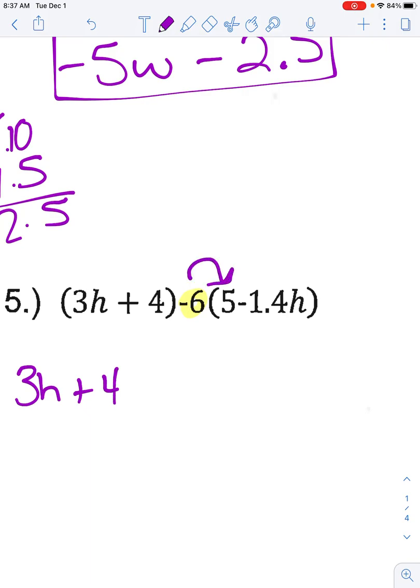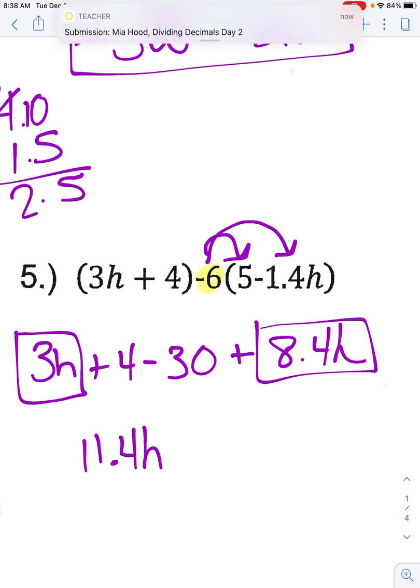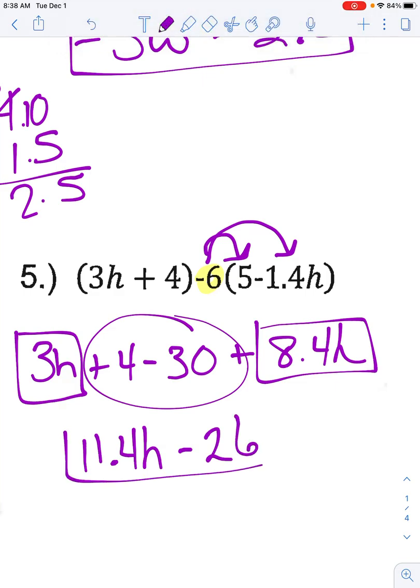A negative 6 times a positive 5 is a negative 30. Negative 6 times a negative 1.4h is a positive 8.4h. And then we can combine our like terms. 3h plus 8.4h is 11.4h. And 4 minus 30 is a negative 26. Different signs, find the difference. There's more negatives.